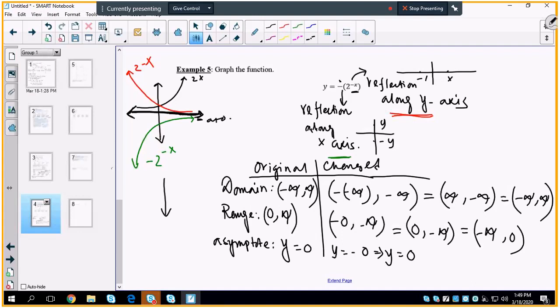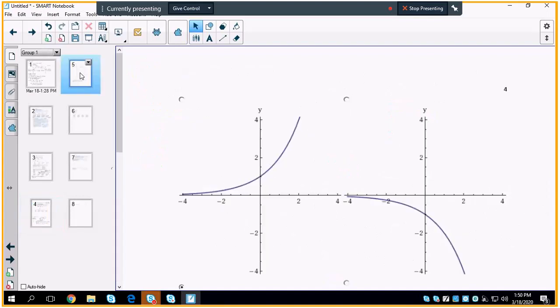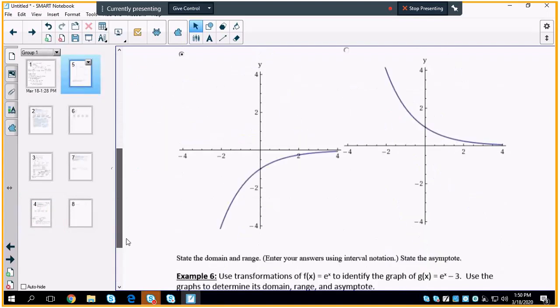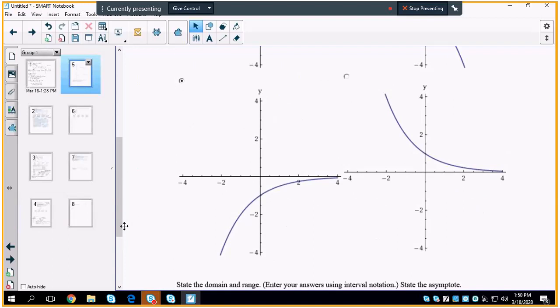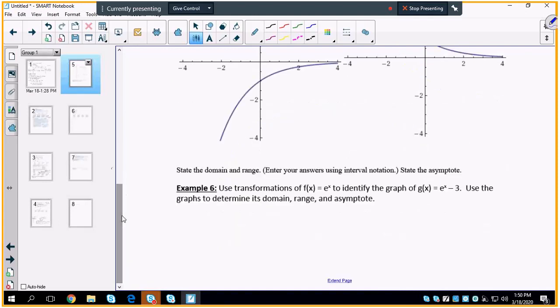So the height, y equal to 0. So there is no change in the y asymptote. So finally, we're going to pick the right graph. You know the green one is the right graph. That makes your life so much easier. We're going to say the third one in this list is the right graph for the function y equal to negative 2 to the power negative x.